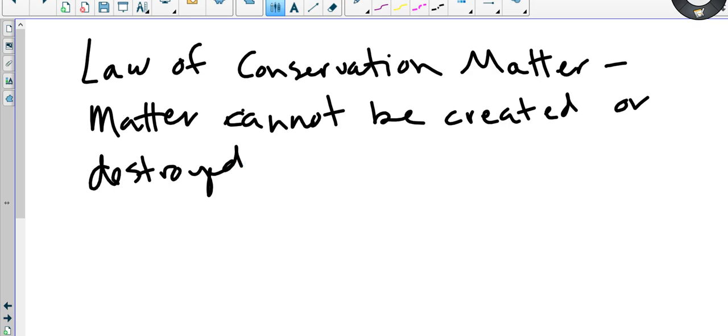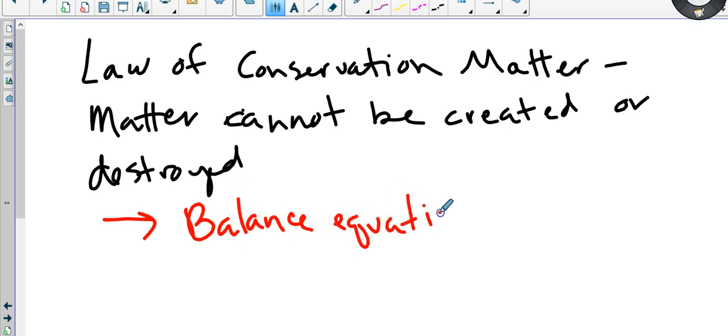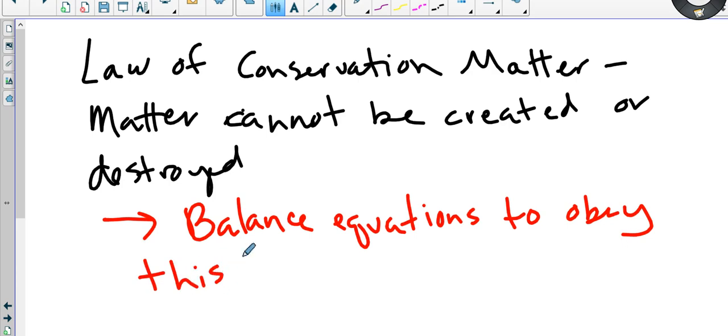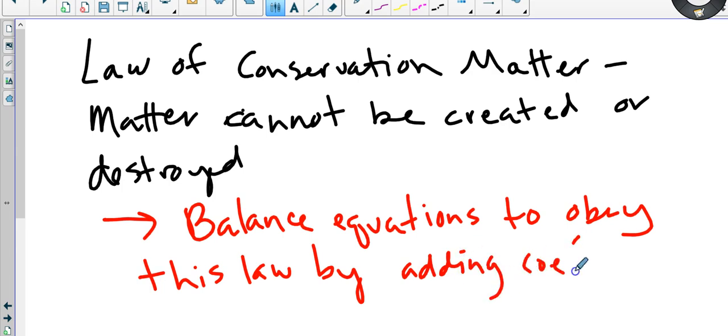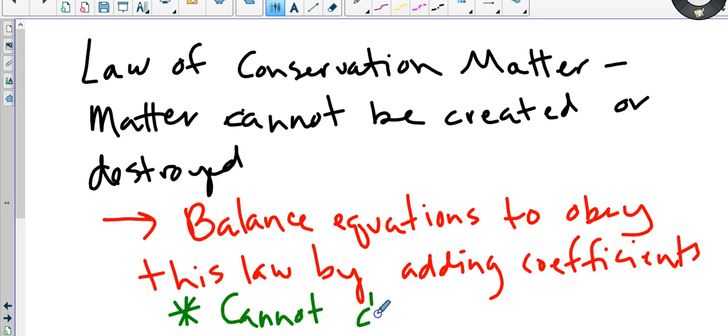So we can balance equations to obey this law by adding coefficients. We cannot change subscripts.